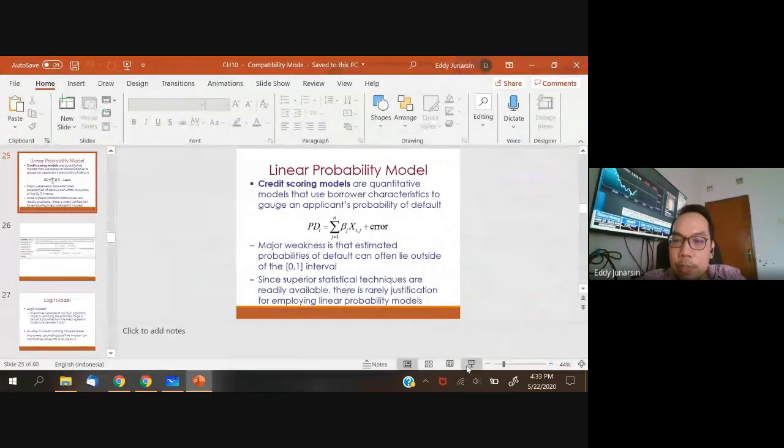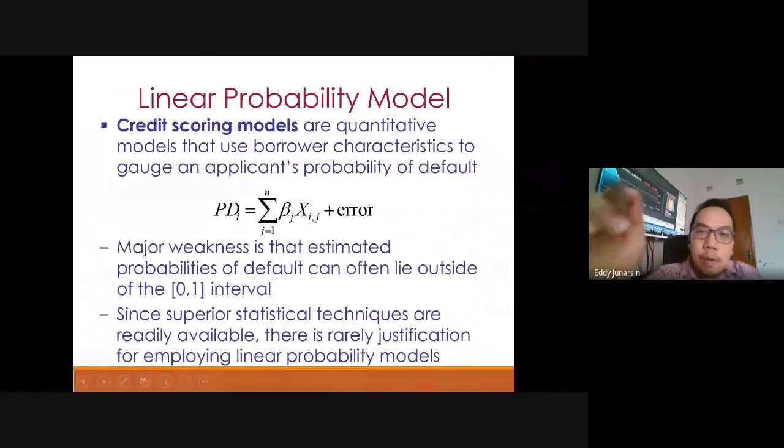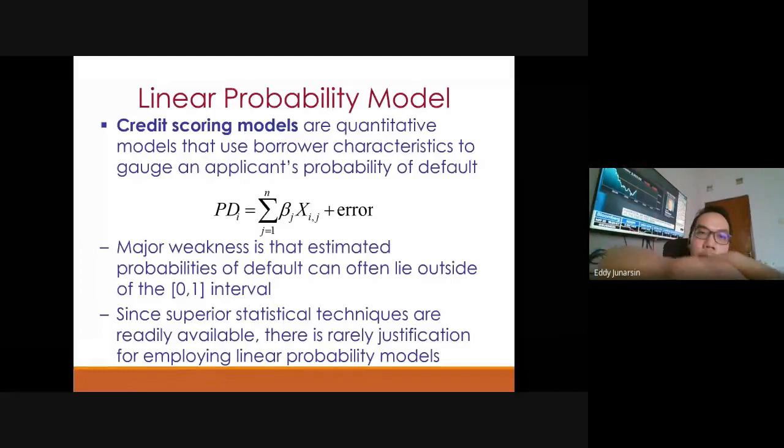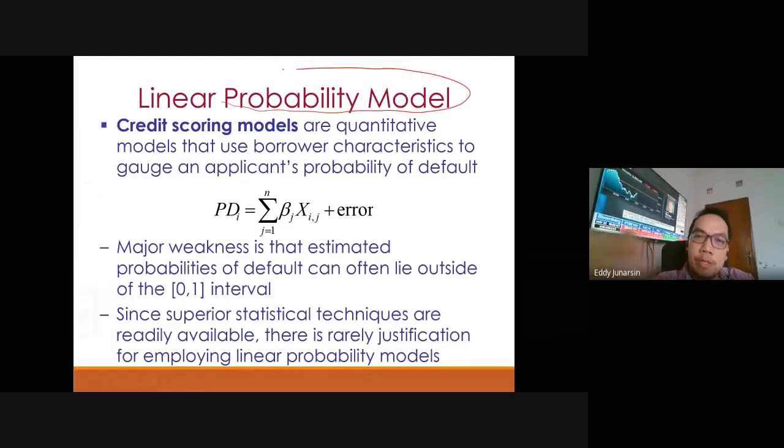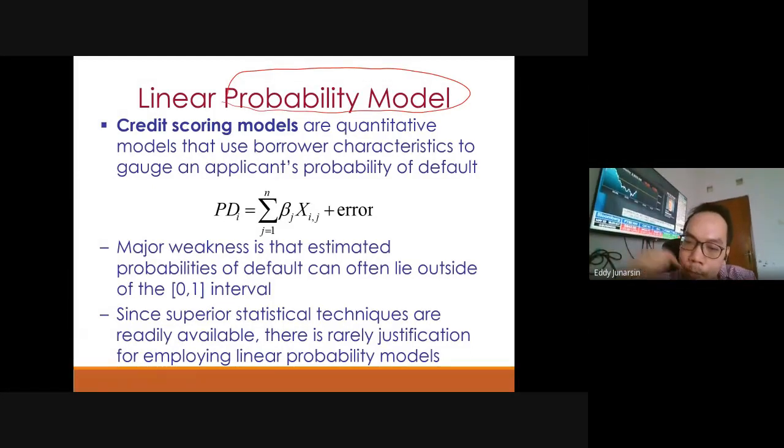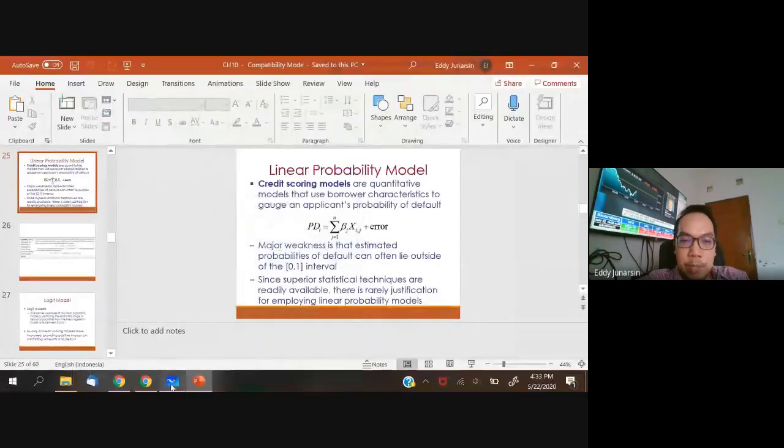Okay, so the first one is probability model. So the probability model started with a very simple model with the regression. I think you have taken some statistics courses or economics or econometrics or something like that. So the first version of the probability model was using a simple regression.